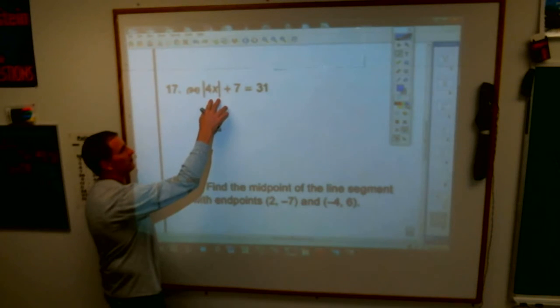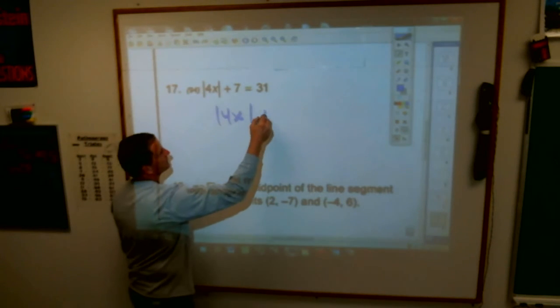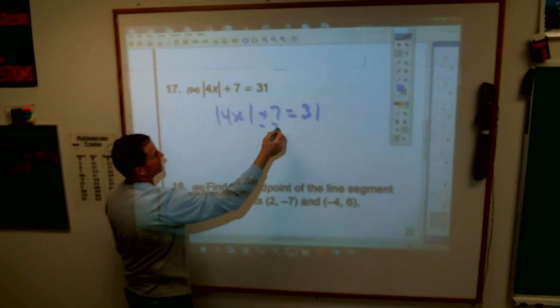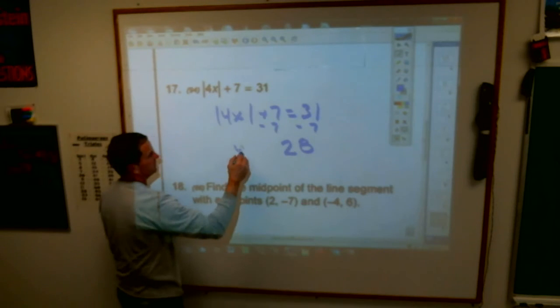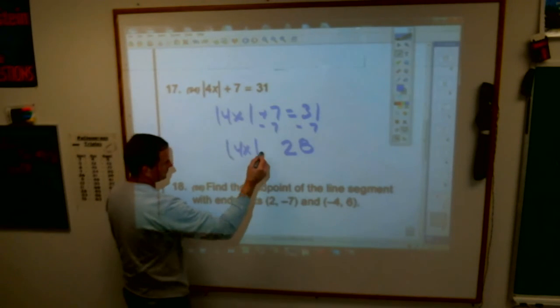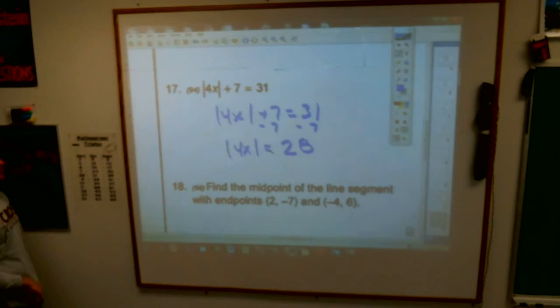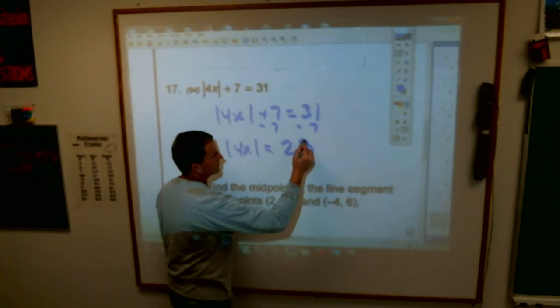Isolate the absolute value sign, and you do that by subtracting 7 and doing the opposite, which gives you 28. Now, please remember, once you get to that point, you have to write 4x plus 24 and 4x minus 24. Don't divide by 4 first. Notice how 4 does go into 28.